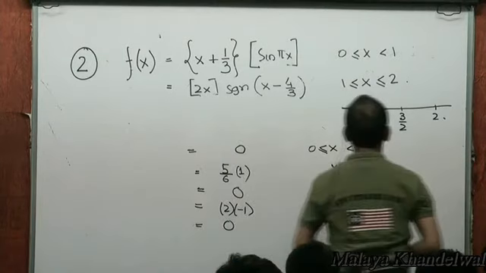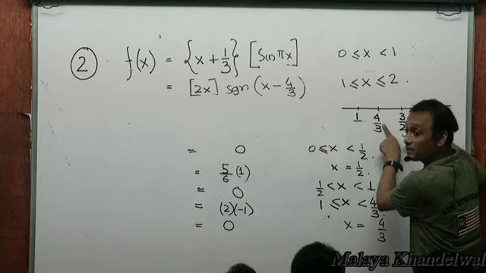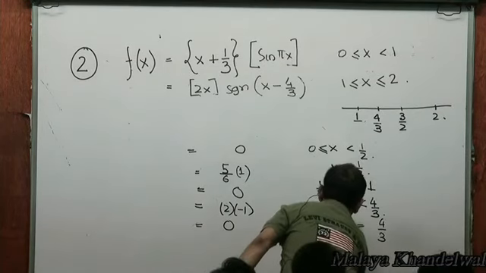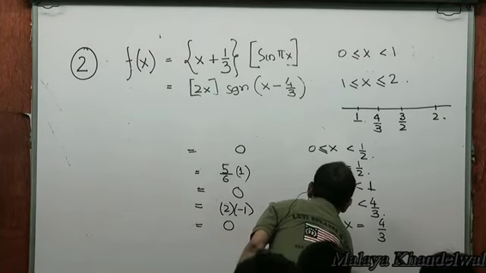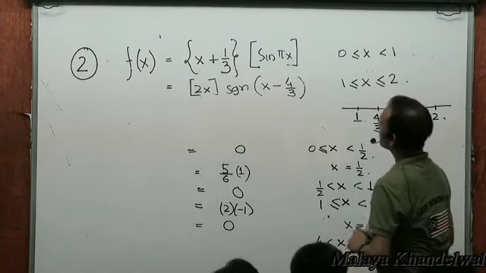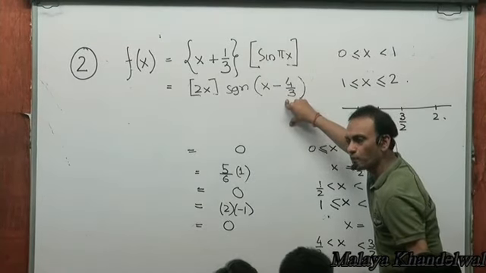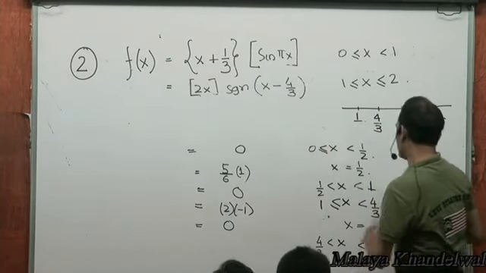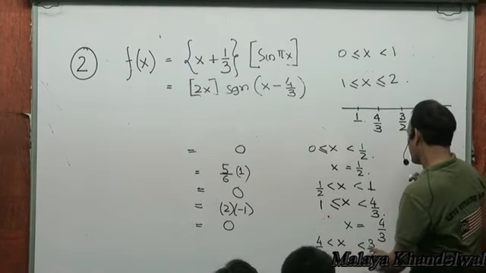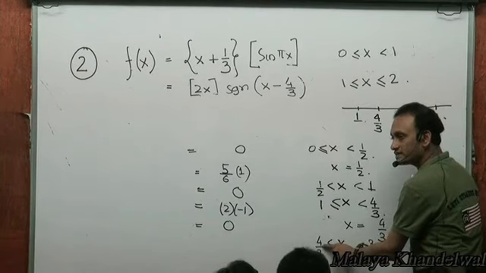Right? Now, for x greater than 4 by 3 but less than 3 by 2, x greater than 4 by 3 means signum of a number which is positive, so this will be 1, and 2x will be less than 3 but will be greater than 2.67.